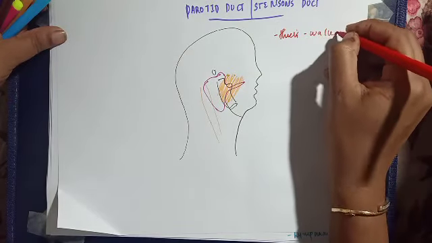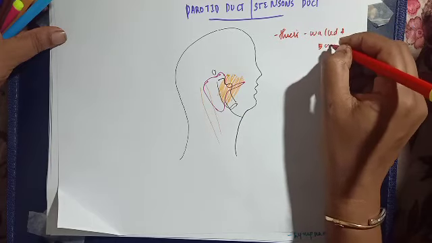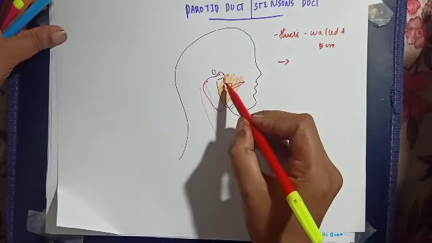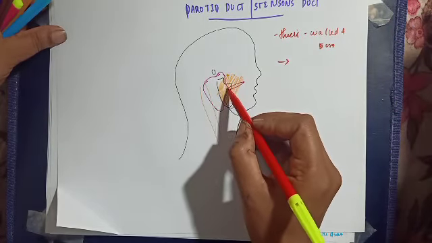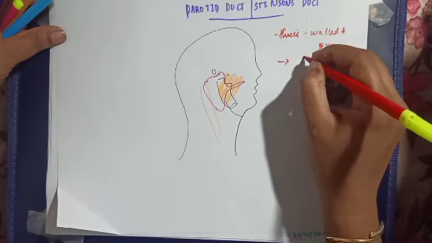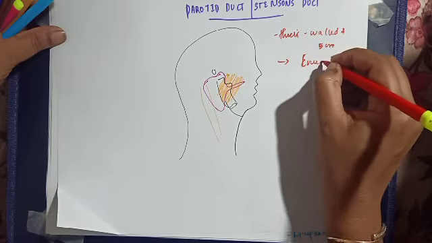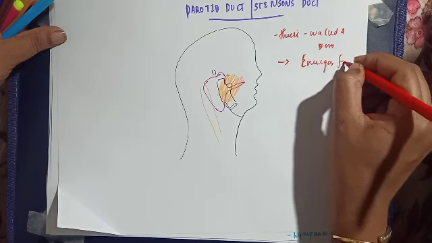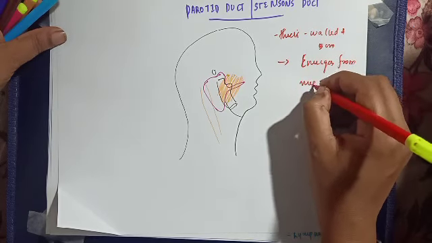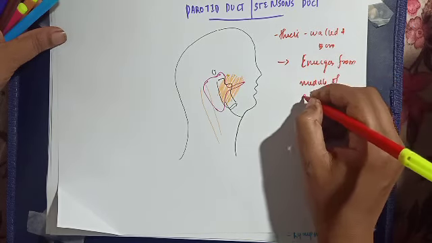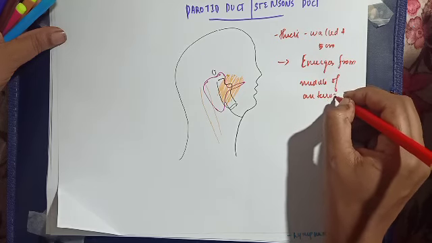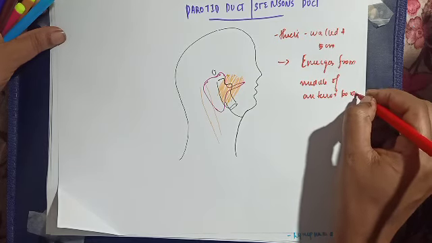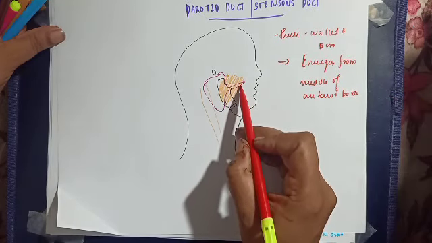It emerges from the middle of the anterior border of the parotid gland. It runs forwards and slightly downwards.